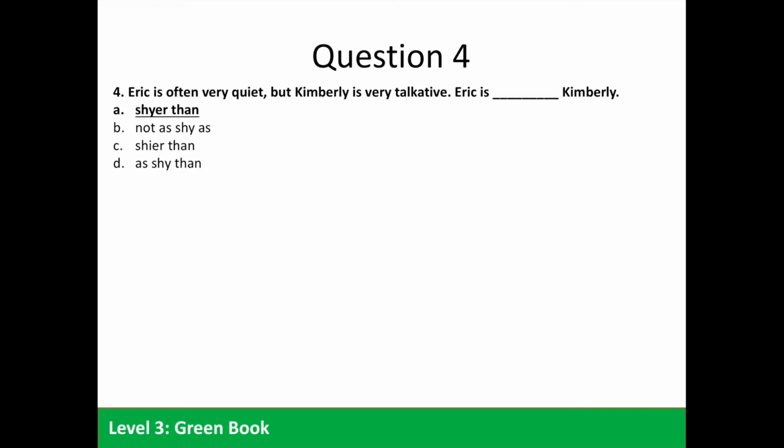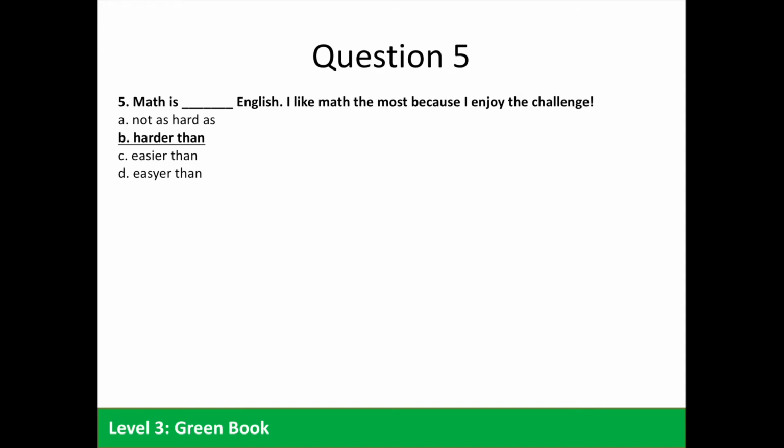Again, if Eric is quiet and Kimberly is talkative, that means Eric is shyer than Kimberly. A. Question 5. Math is blank English. I like math the most because I enjoy the challenge. Again, if math has a challenge and I like it more, then that means math is B, harder than English.